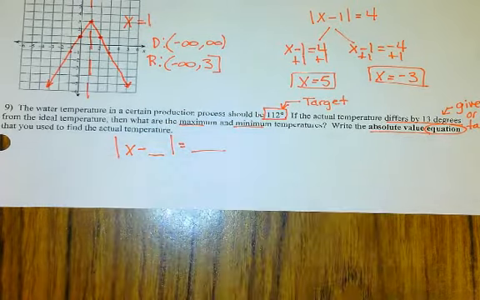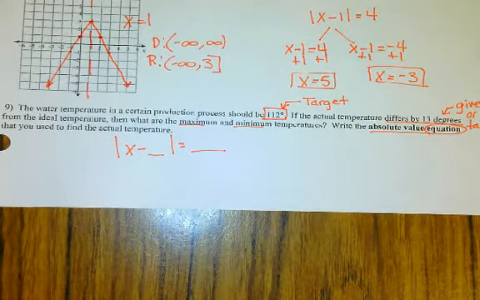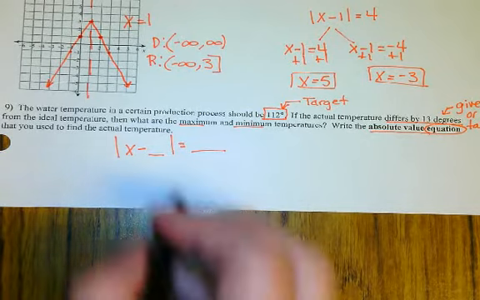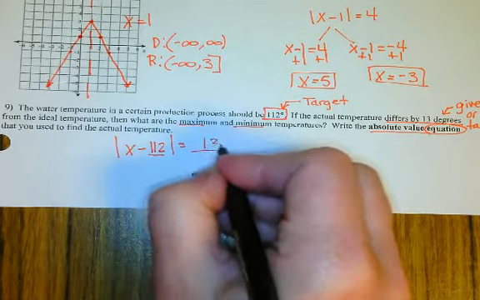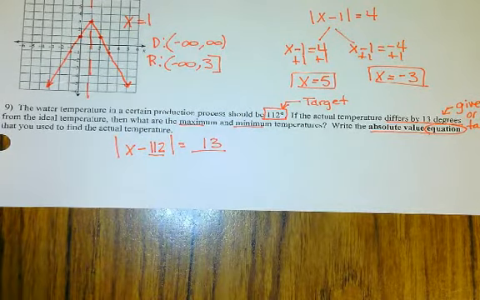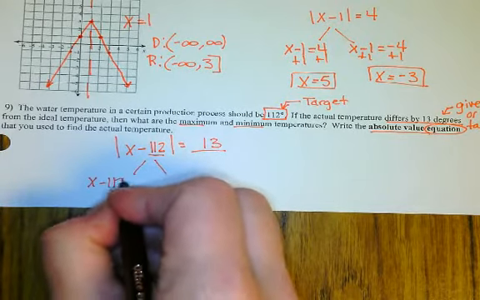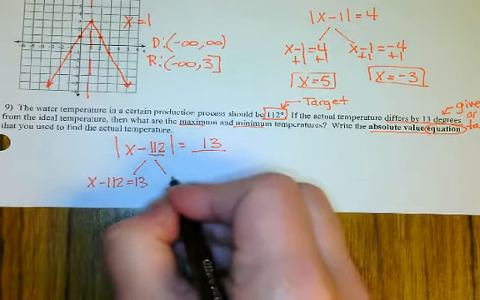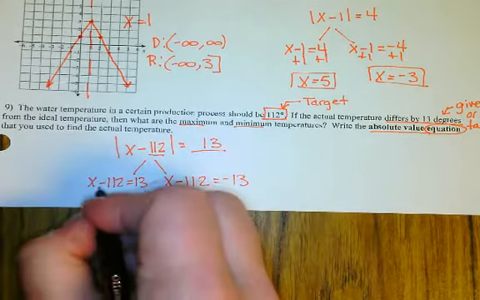So I need to fill in numbers here. Now, the target always goes on the inside. And another way to think about it is if you do like biggie small, so the big number goes in here, and then the small number goes outside. Okay, so it's already isolated, so I'm just going to start solving it. I have x minus 112 equals 13, and I also have x minus 112 equals -13.